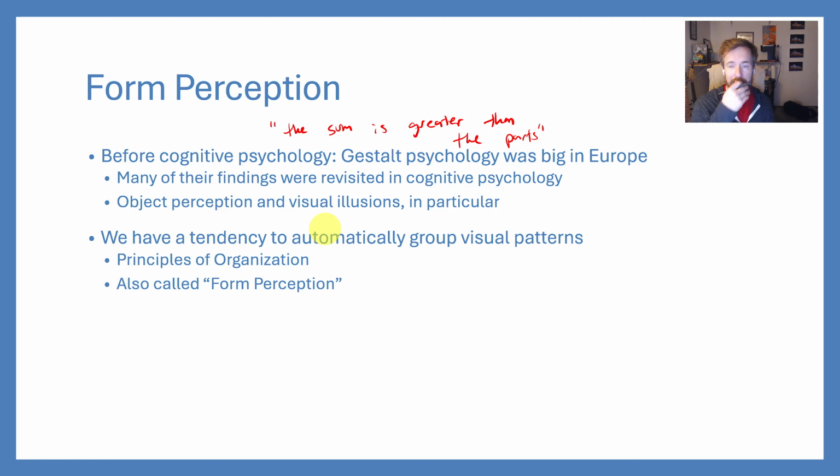So here, basically what they are referring to is that our perceptual experience is greater than just the individual aspects that make up our perceptual experience. So if you think about vision, for example, I can look at a mug and I can recognize this as a mug. And what I'm doing there, just by glancing at it, is that I recognize the structure and some key elements of it, and then my mind just throws together the rest.